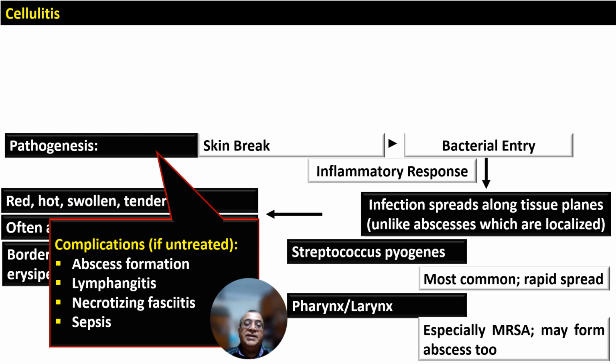If it is untreated, various potential complications arise, such as formation of abscess, or the infection propagates through the lymphatics, so lymphangitis develops, there is necrotizing fasciitis development, or fulminant sepsis.